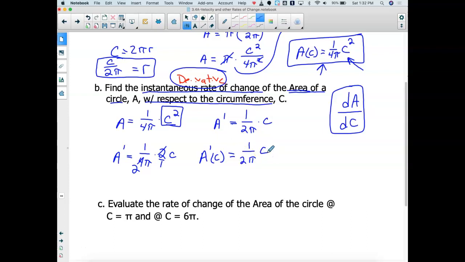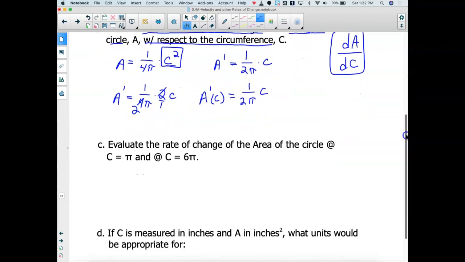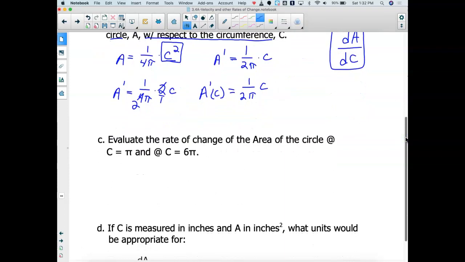I could call it dA/dC, and let's evaluate the rate of change of the area of the circle when the circumference is pi and 6 pi. That's basically just telling me to evaluate the rate of change. That's saying take my derivative at pi, and notice it's when my circumference is pi, so 1 over 2 pi times pi.